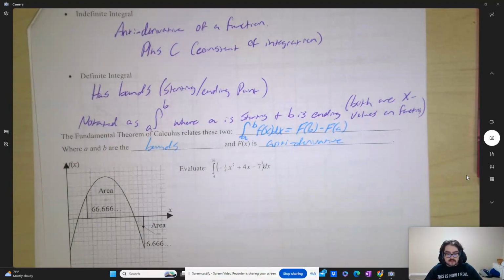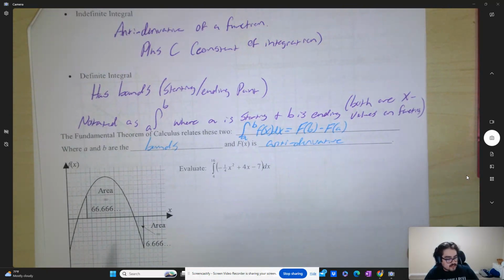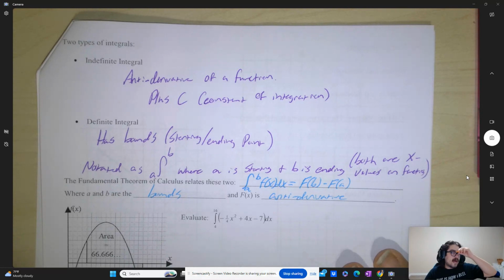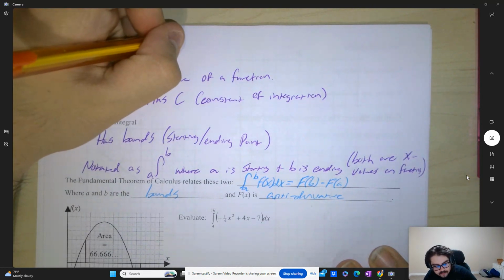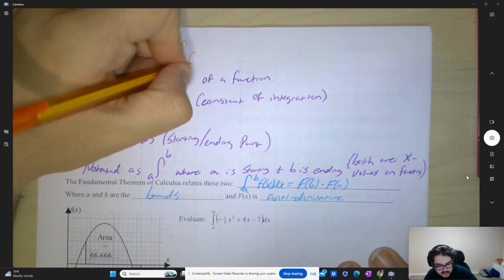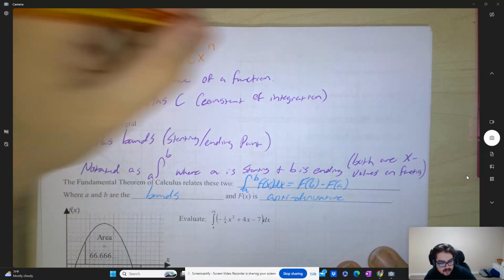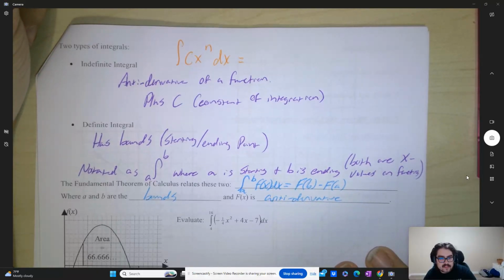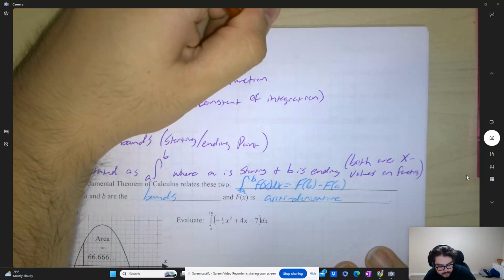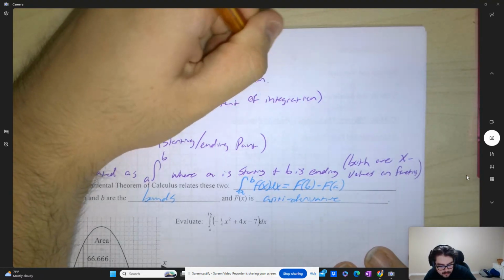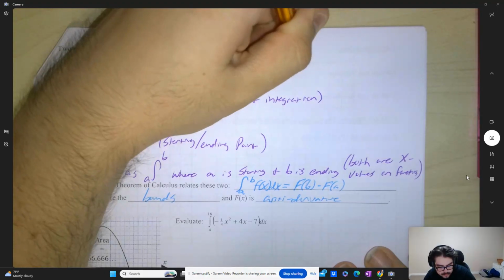Okay, and really quickly, before I continue, I do want to show you the general power rule for integrals. It's pretty straightforward. If you have a function like c times x to the n, dx, you would set that equal to c over n plus 1, times x to the n plus 1.